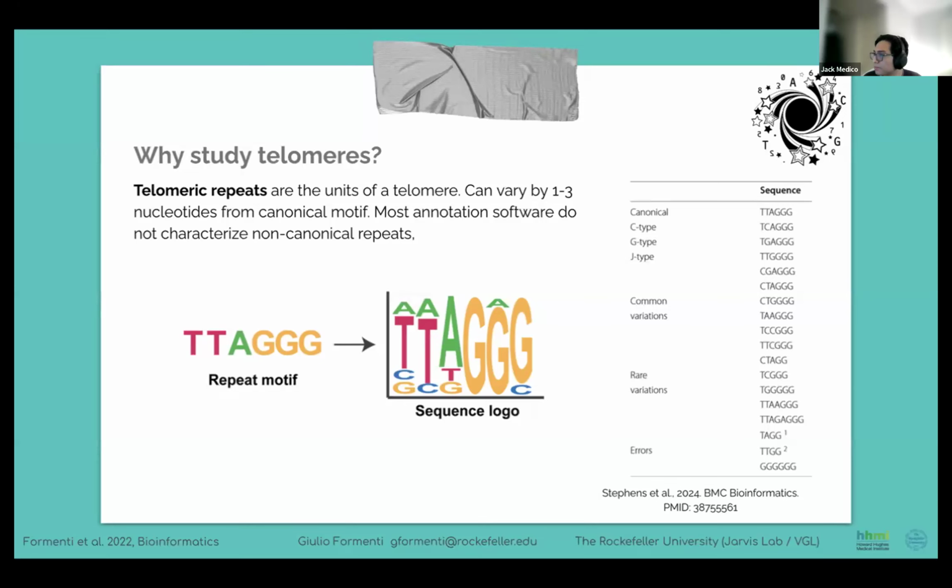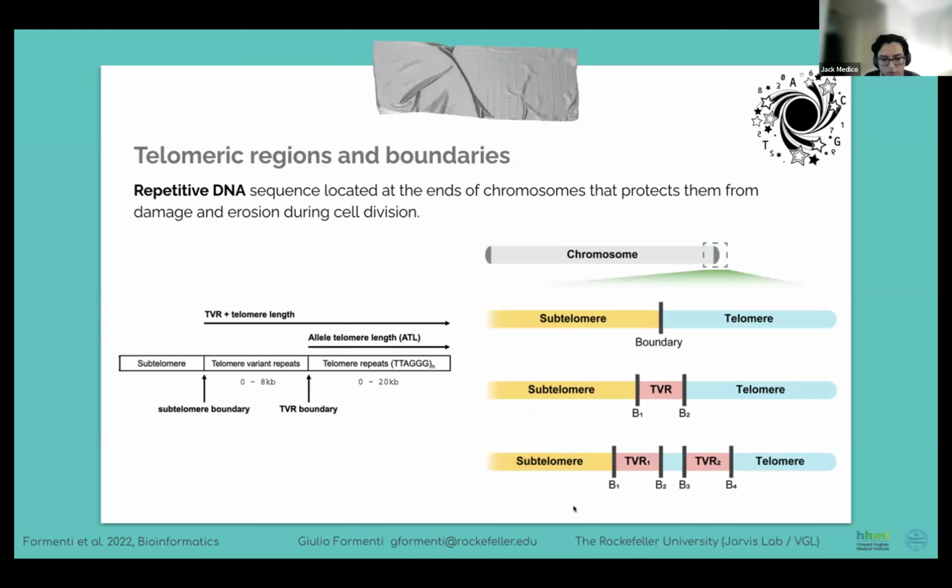Okay, so next, please. Okay, also, there is a general lack of consensus. We know what a telomere is, we know where they are, but the boundaries are not very well defined. So the modern approach to characterize telomere regions is to assume, or maybe explore, if there is a transitional region called the telomere variant region that is enriched in non-canonical repeats, and the telomere that people know is basically enriched in the canonical repeat.